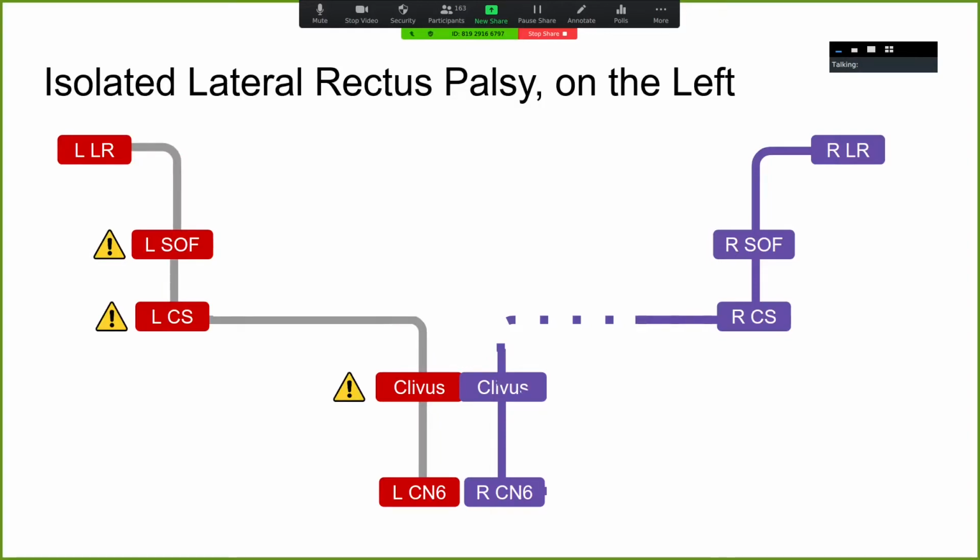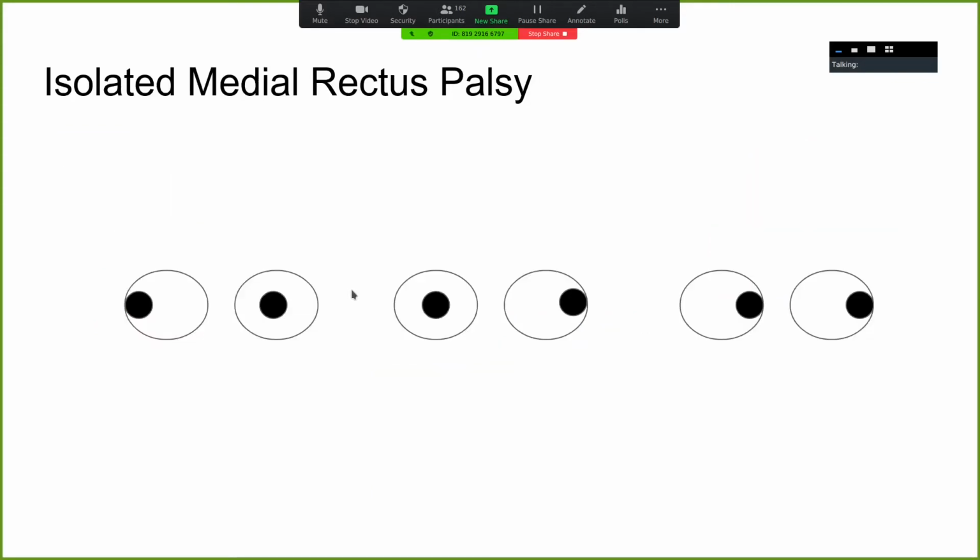So in this case, it was a lateral rectus palsy on the left side. So L is for left, R is for right. The legend I'll show you later. So what about an isolated medial rectus palsy? So primary gaze, the left eyeball moves to the lateral.